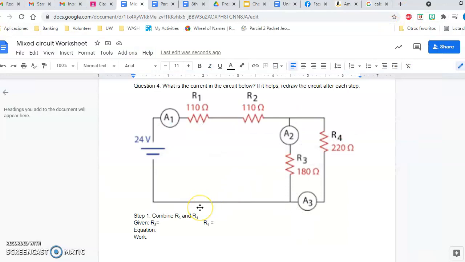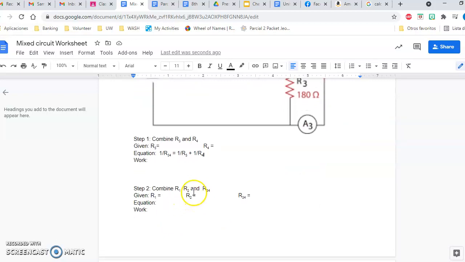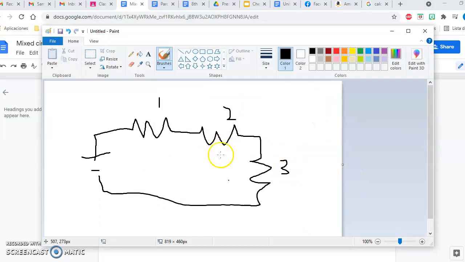So we're going to try to go from here in step 1 to here. The way we do this is, since they're in parallel, we would use our equation of 1 over R34 is equal to 1 over R3 plus 1 over R4. I think you guys can use our example 1 to help you with that. The next thing we need to do now is we have a circuit that looks like this.